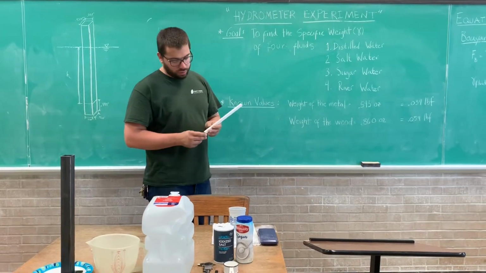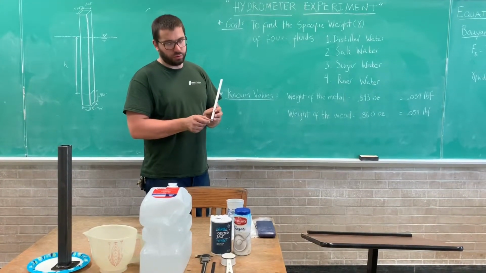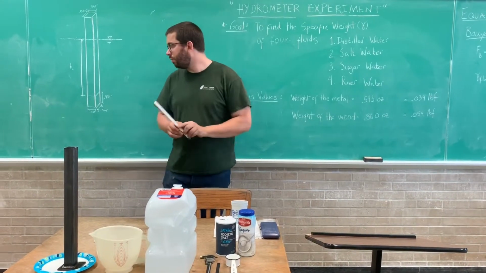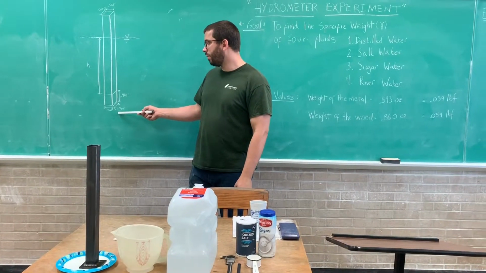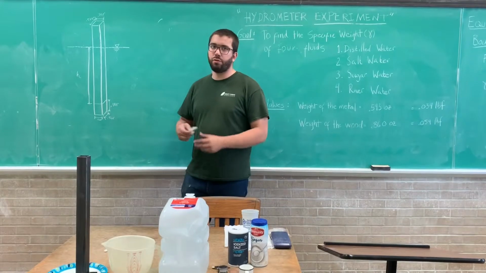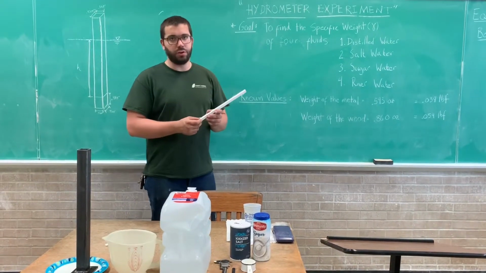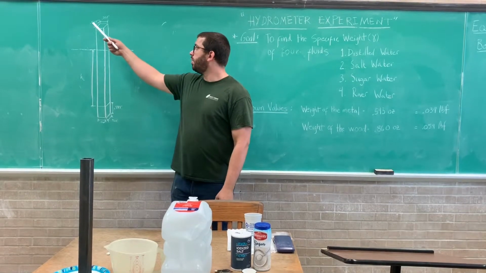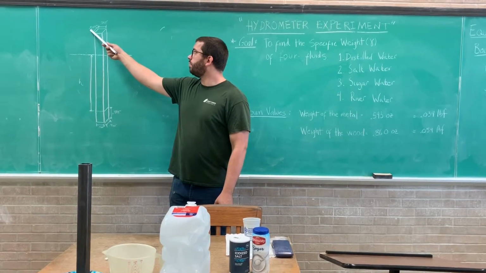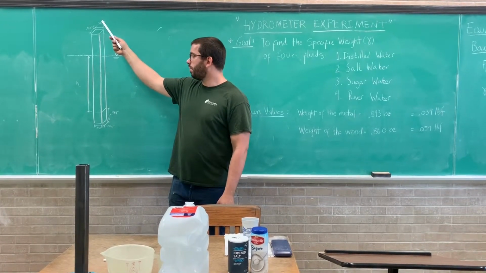In order to construct the device, we took a slug of metal of known dimensions, 0.504 inches, 0.507 inches by 0.484 inches, so we can know the volume of this. We also know, by using calipers, the dimensions of the wood, 0.507 inches by 0.507 inches.